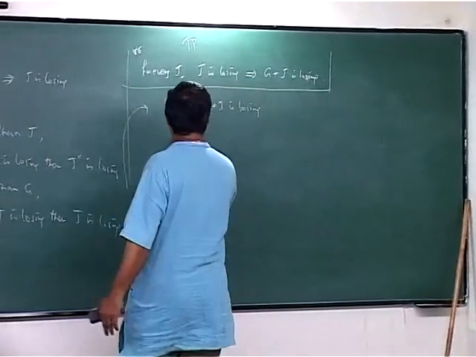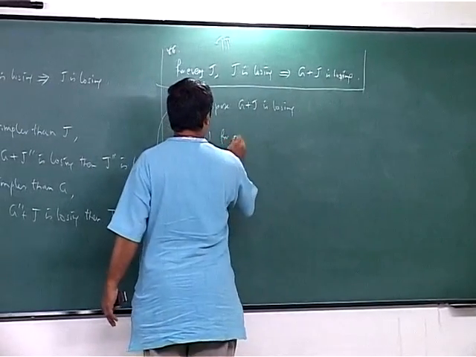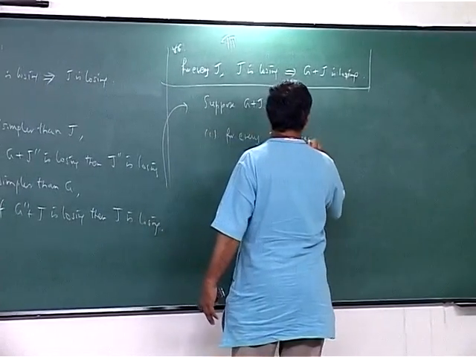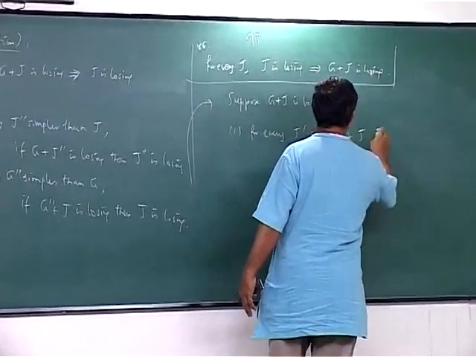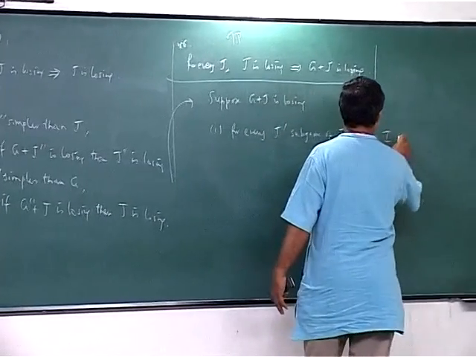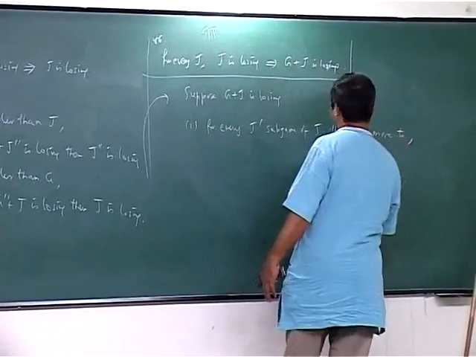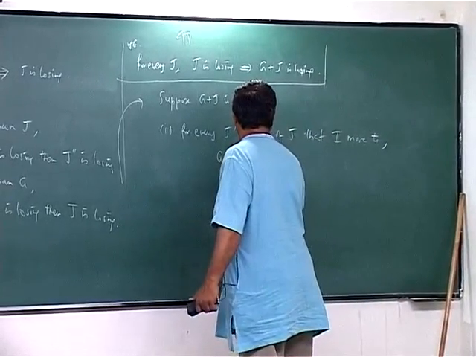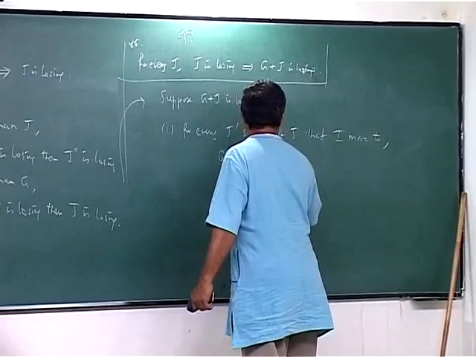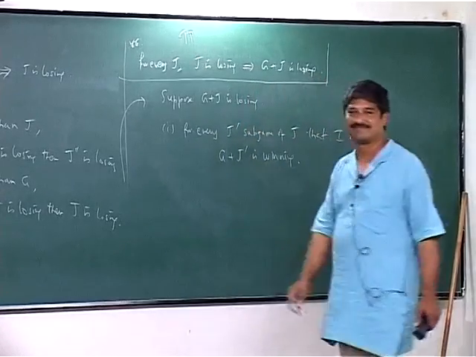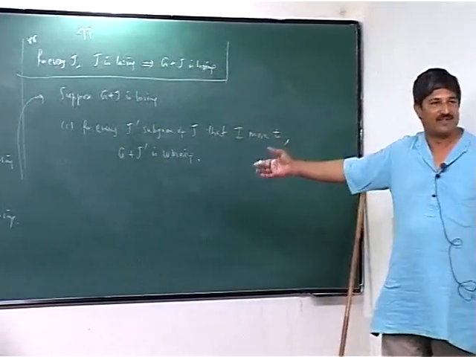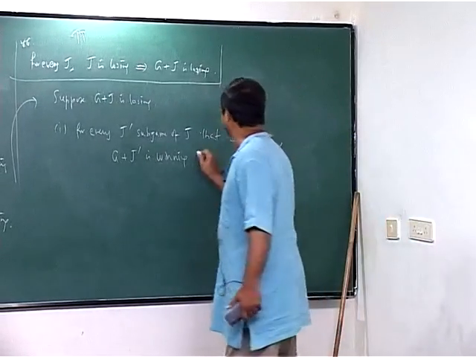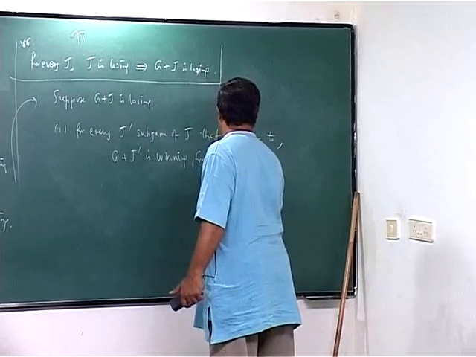So that means, let me write, for every option, for every J prime subgame of J that I move to, G plus J prime is winning, right? Winning for the opponent, of course, because it's the opponent who is going to move.